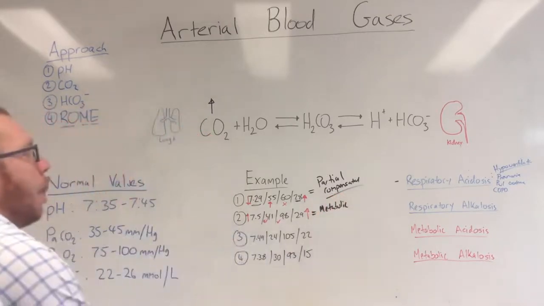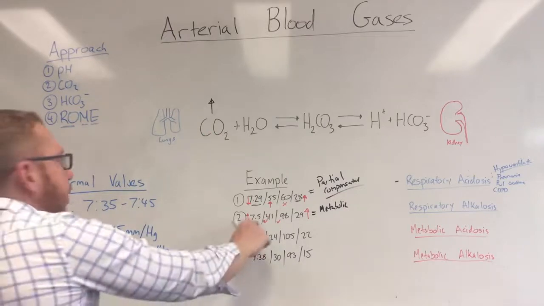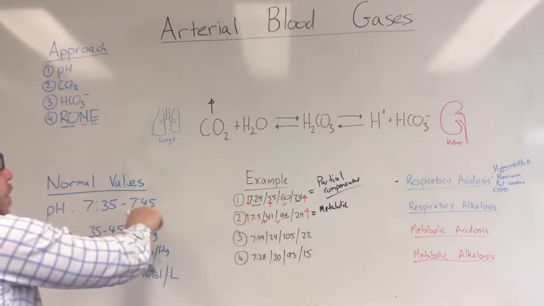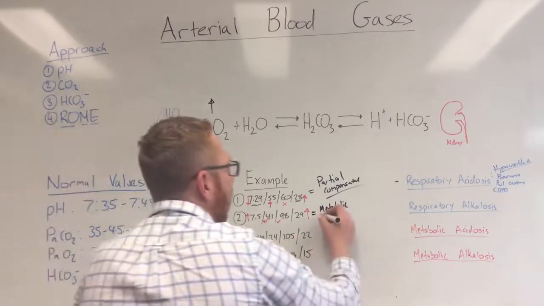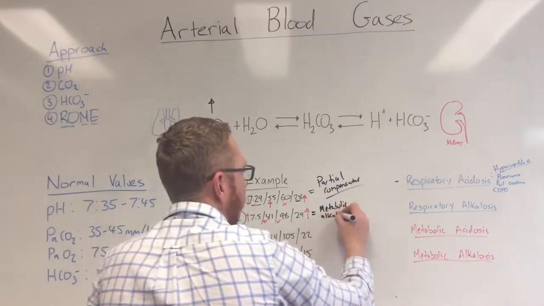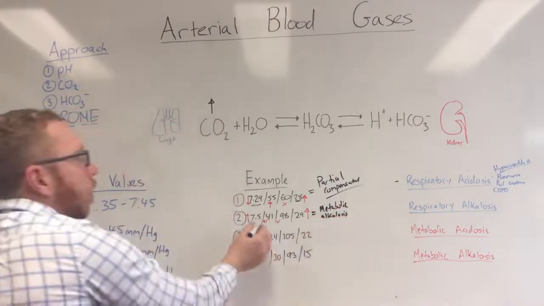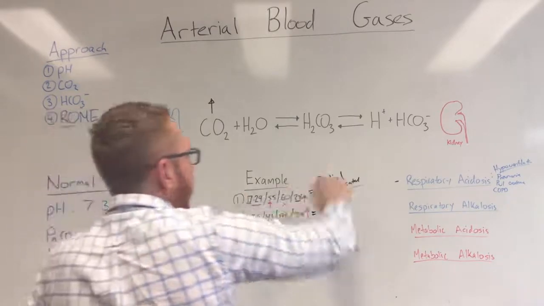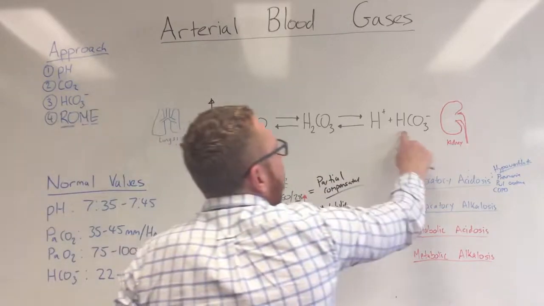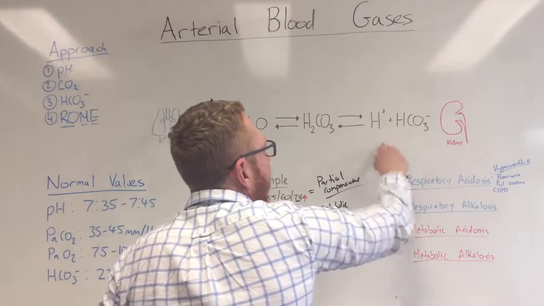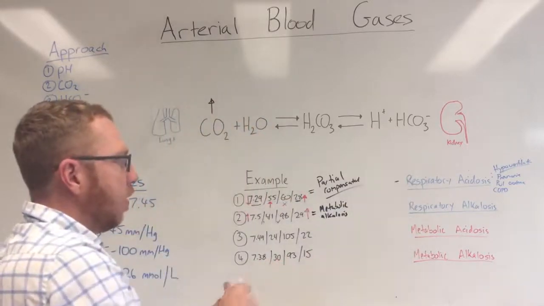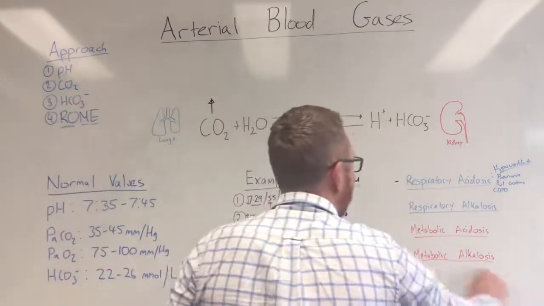Okay. Now, is it an acid or a base? Well, at 7.5, it's above 7.45, so we know it is an alkalosis. Now, this is essentially meaning there's a lot of this relative to this. Okay. So we're focusing on metabolic alkalosis here.